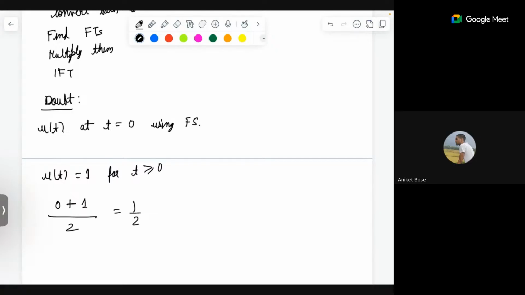So can we apply Fourier series if u(t) is not periodic? I don't know, ma'am. See, as far as I recall, Fourier series is for periodic signals only. But during the Fourier transform lectures, the professor said that we can also let the time period go to infinity. Then it will be a Fourier series for an aperiodic signal.